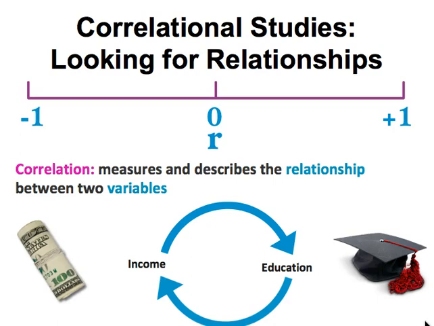The closer the number is to 0, the weaker the relationship, and the less predictable the relationships between the variables becomes. For example, a correlation coefficient of 0.9 indicates a far stronger relationship than a correlation coefficient of 0.3. If the variables are not related to one another at all, the correlation coefficient is 0.